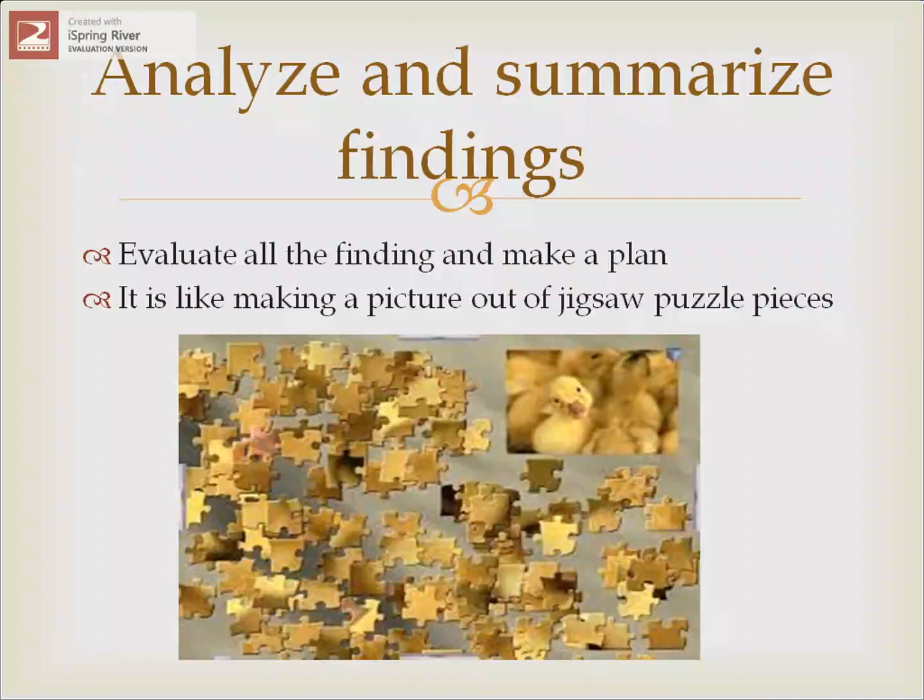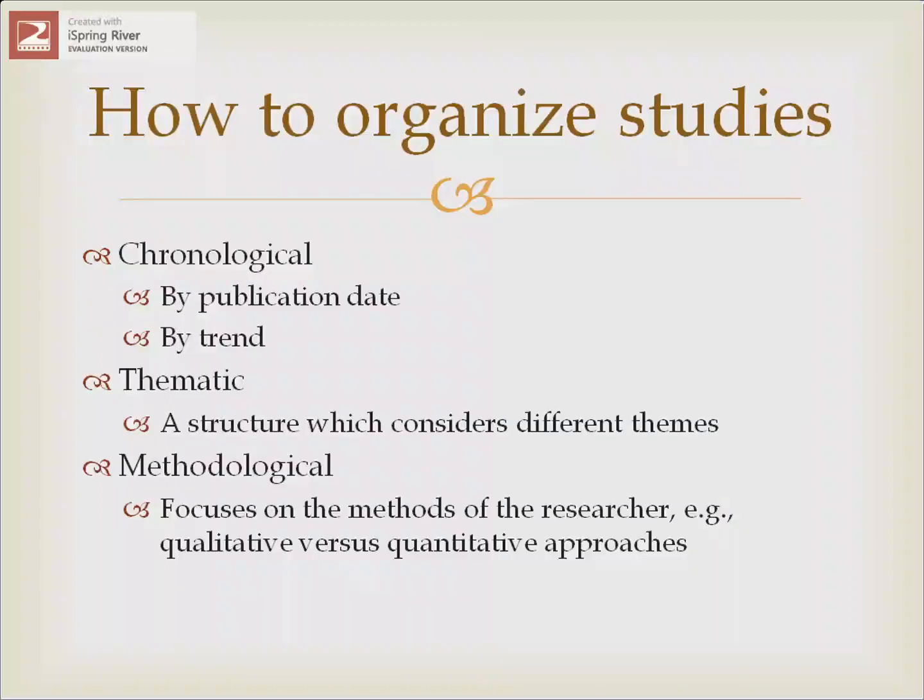So this is exactly like you put small pieces of a picture together. The easiest way to organize your studies is to put them in chronological order by publication date or trend, or you can make them in a thematic way, considering different themes.